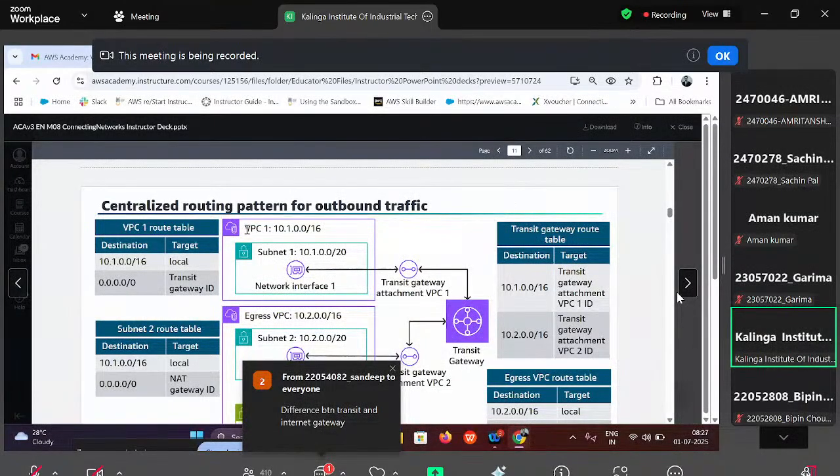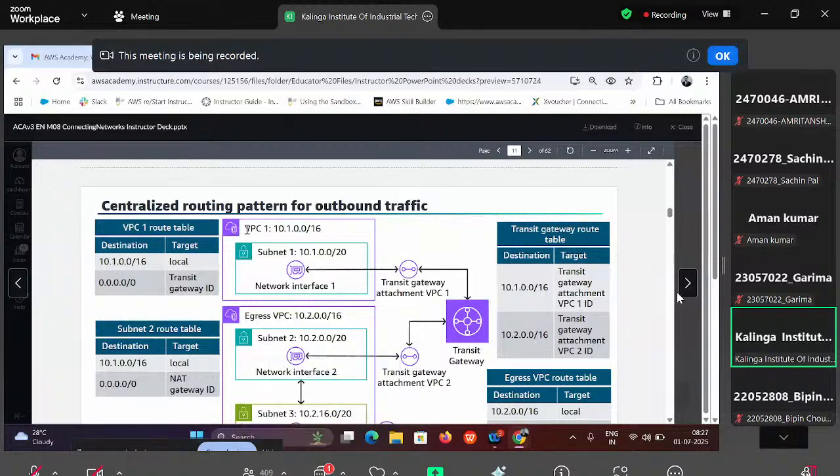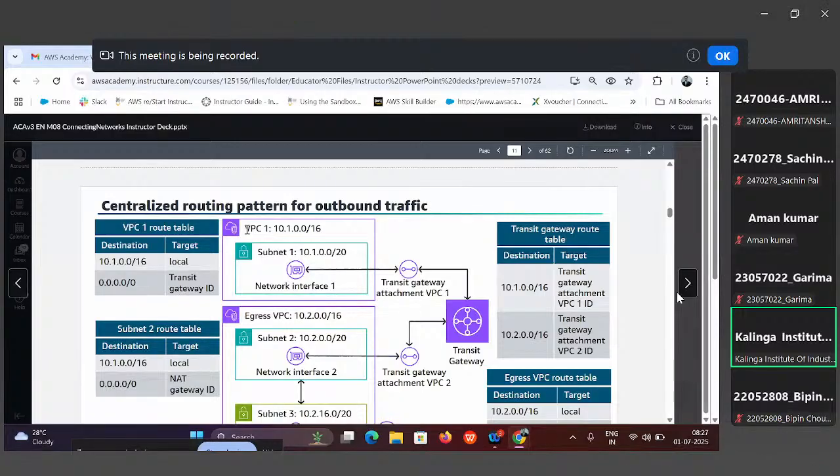At the end, VPC is a networking service, right? So when you are connecting any virtual private environment, we are using outbound traffic, right? When your data goes over the internet, how will all the outbound traffic be handled?